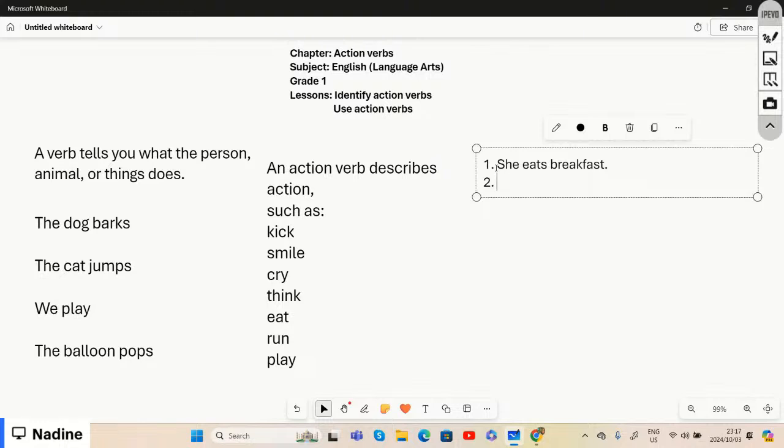The second one says, Kim talks to Miss Kelly. Let's make up our own ones. Number 3. Remember, this is me writing down a few sentences, and then you're going to identify the action verb within that sentence.